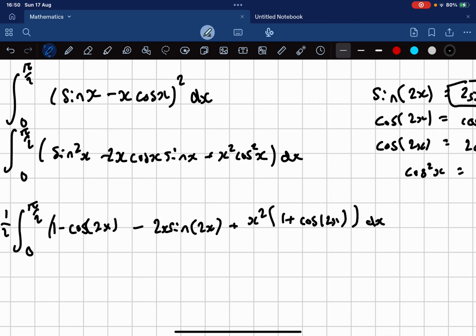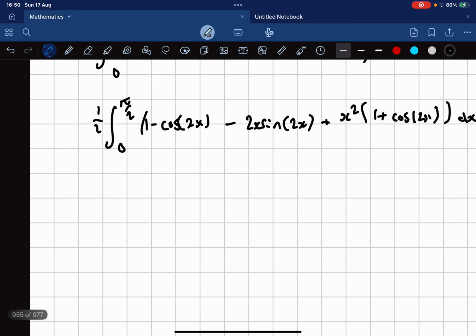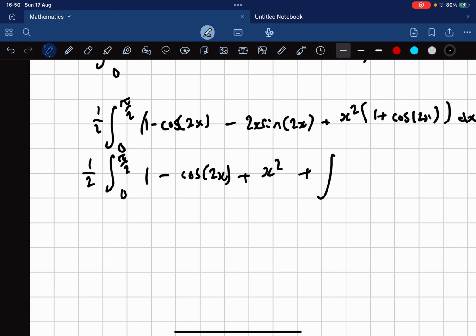What I'm going to do now is split the integral into things that we can and can't simply integrate. So 1 we can integrate very easily, minus cos of 2x we can integrate very easily, and then plus x squared we can do very easily. But then we need another integral between pi over 2 and 0 again.